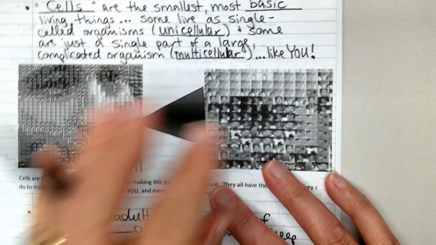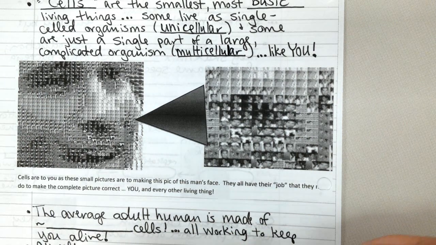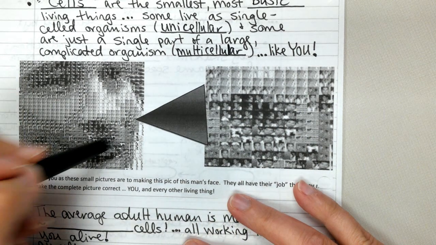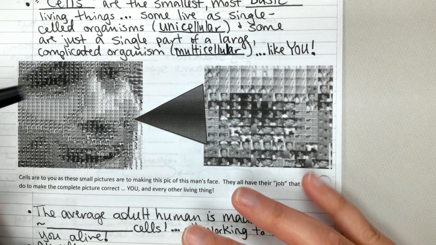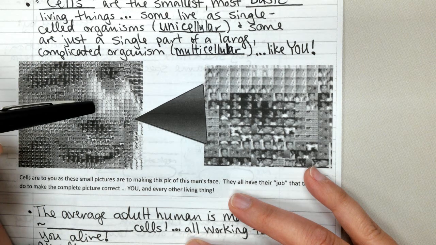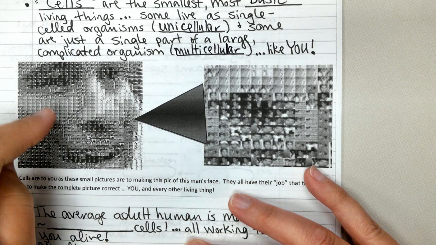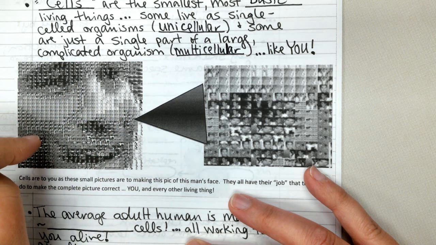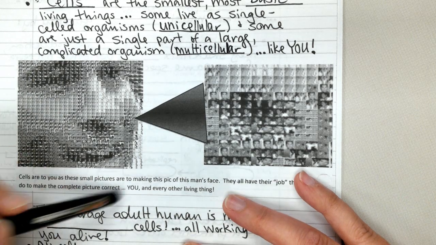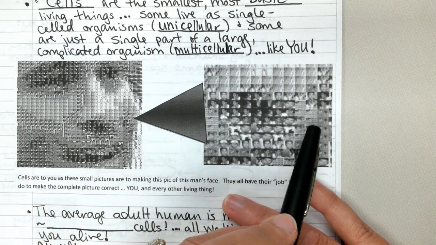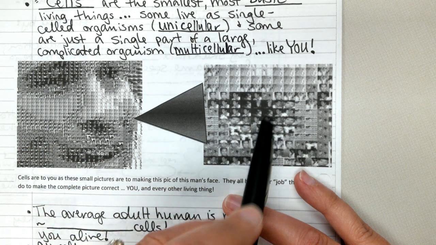So I love this picture for thinking about what you are. There's a picture like this down in the elementary school, if you remember. From a distance it looks like a picture of the school, but if you get up close, you see all the kids' faces, and they're all in the picture making it up. Here it looks like a man's face, but if you zoom in and look at it closely, it's pictures of different people.